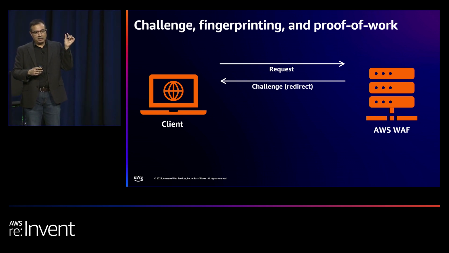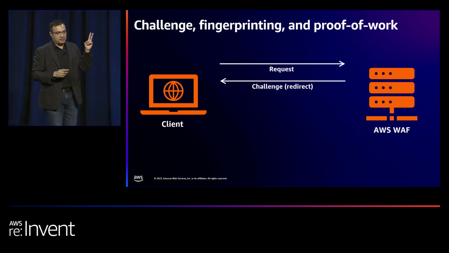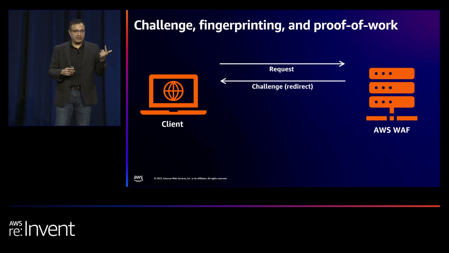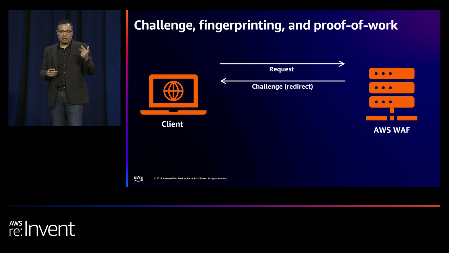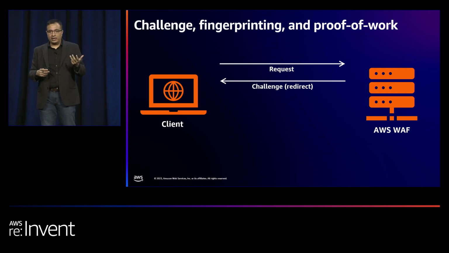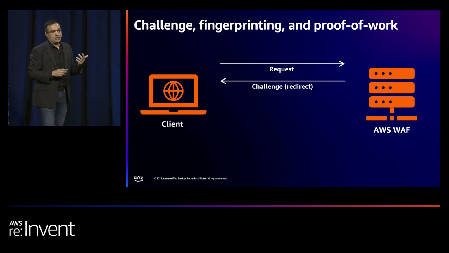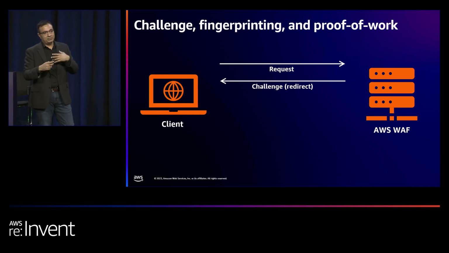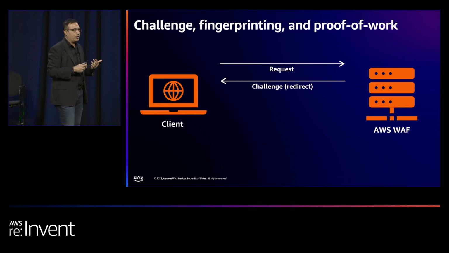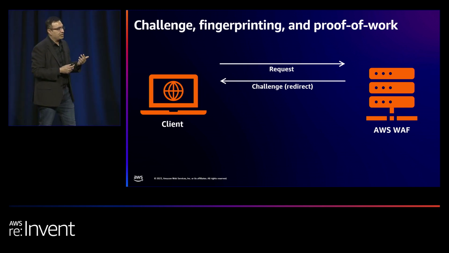And in order to perform this action, the scripts don't work for two reasons. Number one, it's a redirect. Number two, the scripts will require JavaScript to be enabled or some sort of integration which could be native to an app, iOS app or an Android app to actually solve that cryptographic challenge.